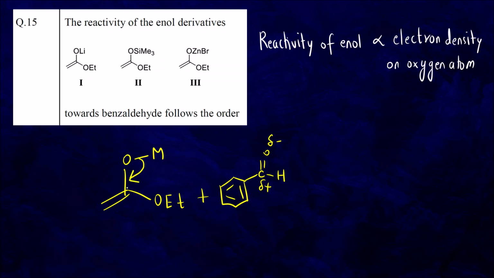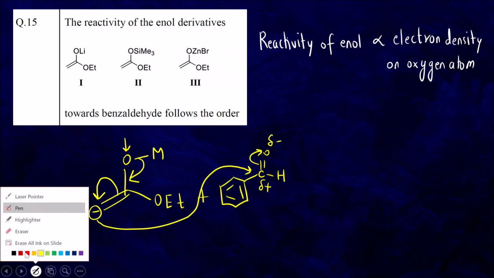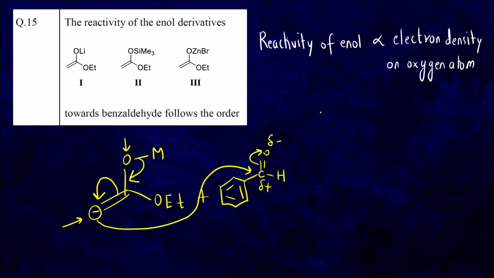This bond breaks and the electron density is transferred to this carbon atom, and this negative charge then reacts with the carbonyl carbon. So the more the electron density on this oxygen atom, the more the electron density on this carbon, and hence the more the reactivity of the enol with the benzaldehyde.